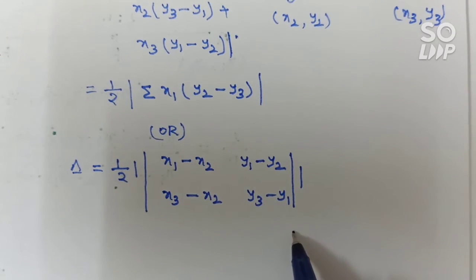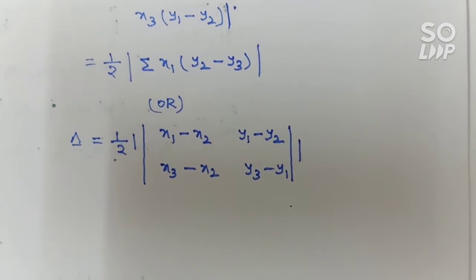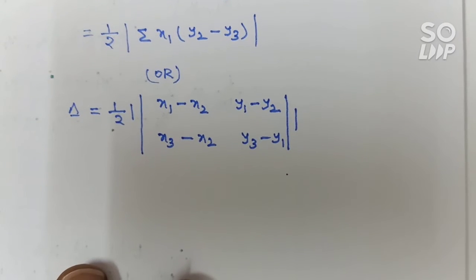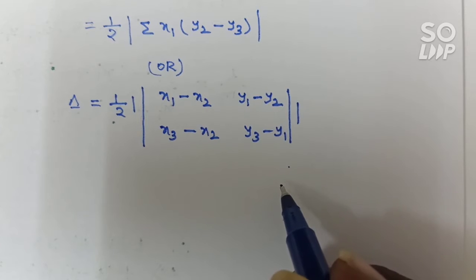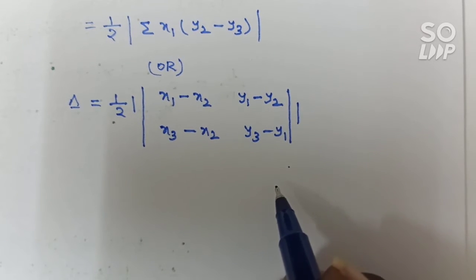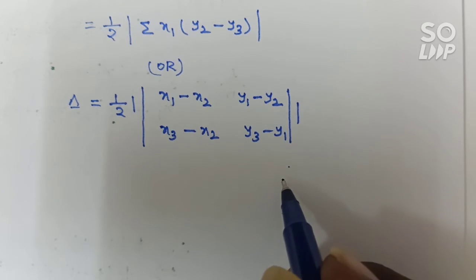Now the area of the quadrilateral. A quadrilateral contains four vertices, and it may be any type: a square, rectangle, parallelogram or rhombus.